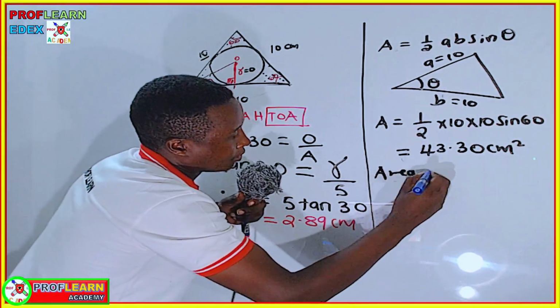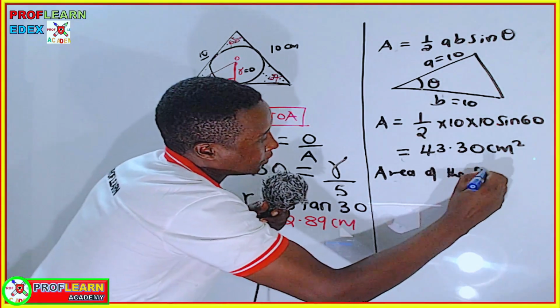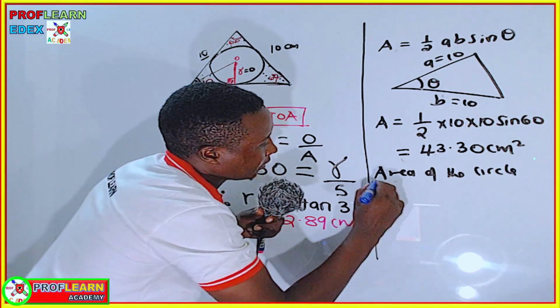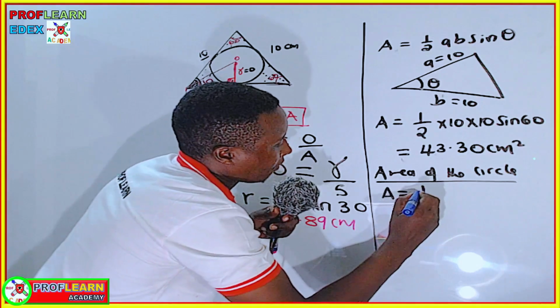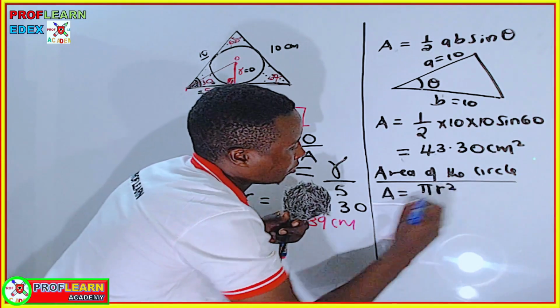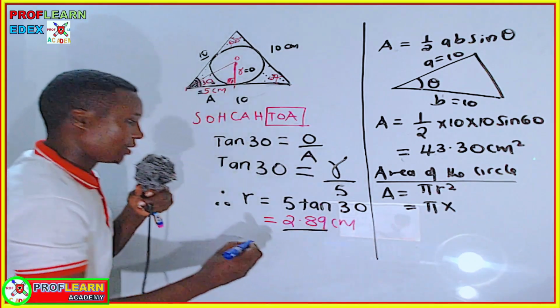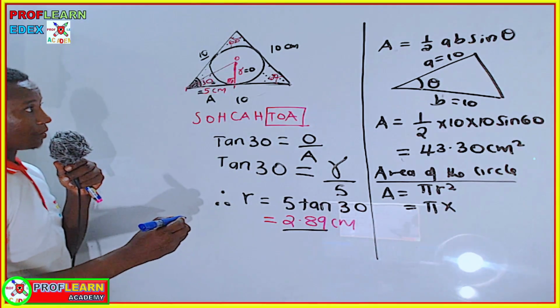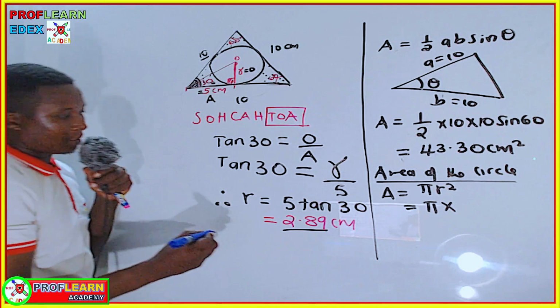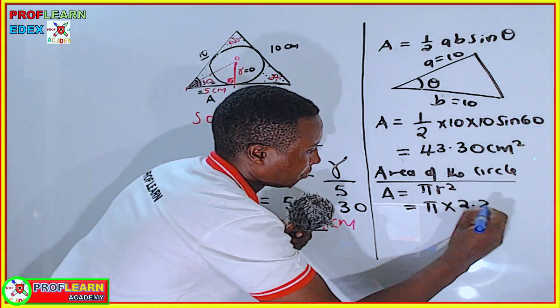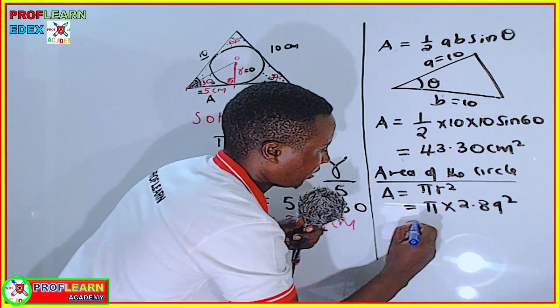Area of the circle equals pi r squared, and that is pi times the radius we got, 2.89, squared.